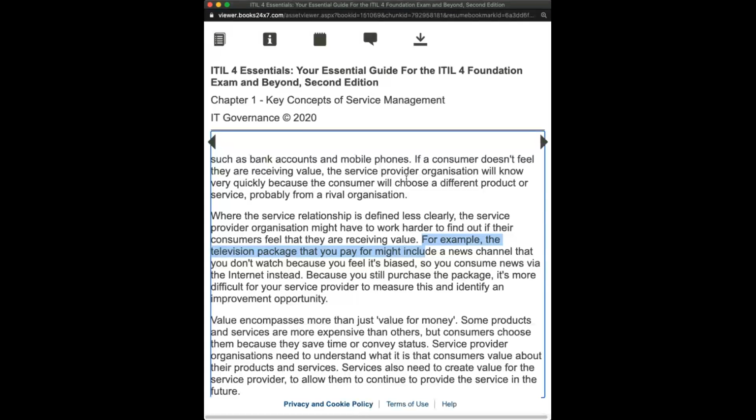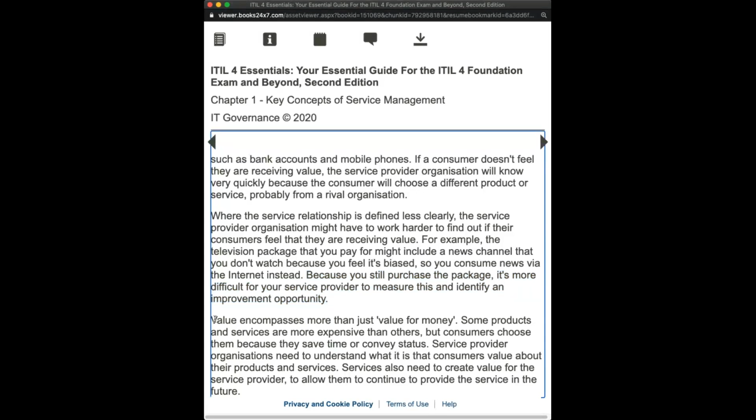So you consume news via the internet instead. Now that news channel doesn't even get the feedback, because they are not directly interacting with the customer, as it's part of the whole package. As it says here, it's difficult for them to measure because you got that service through another provider.